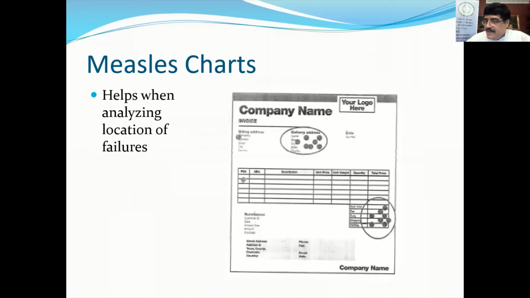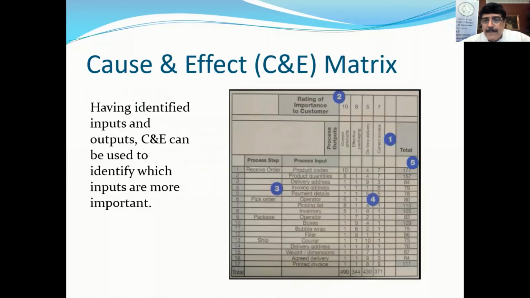Yes, please. Who is this, please? This is Mofak. If we go back to the cause and effect matrix, here in step number 2, we give a weight for each process: 10, 8, 5, and 7, right?